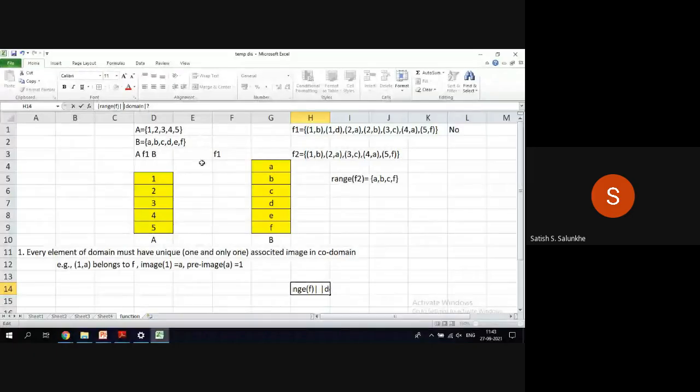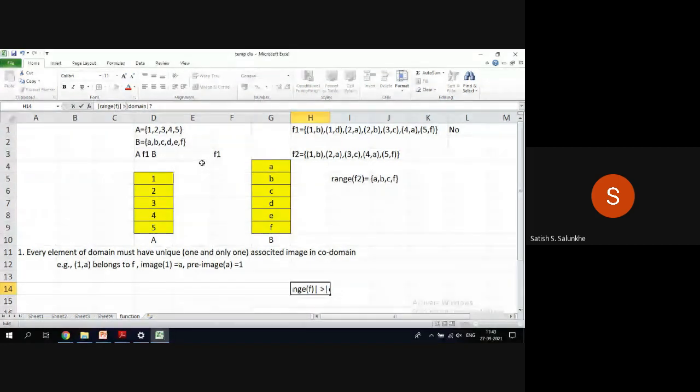Then what is the relationship between these two? If it is not equal, then what? I want to establish the relationship between these two values, cardinality of range of F and cardinality of domain. Whether it is equal or you are saying not always equal. So what should I write here that holds true in general? Is it always greater than domain?